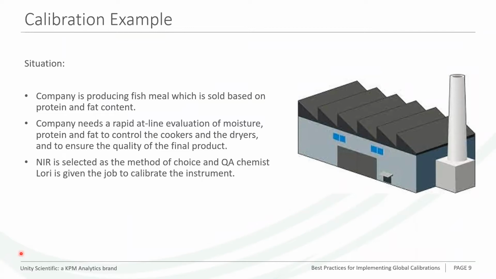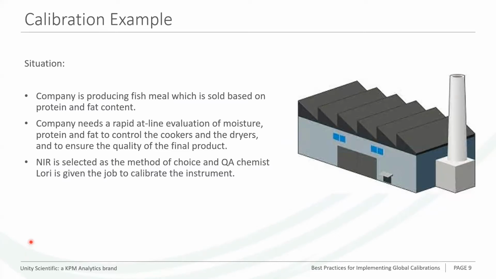We've got a company that's producing fish meal, and this fish meal is sold based on protein and fat content. So the company just needs a rapid at-line evaluation of moisture, protein, and fat to control their cookers and their dryers to make sure they're optimizing their production, but also to ensure the quality of their final product, as they're selling their final product based on guaranteed specs.